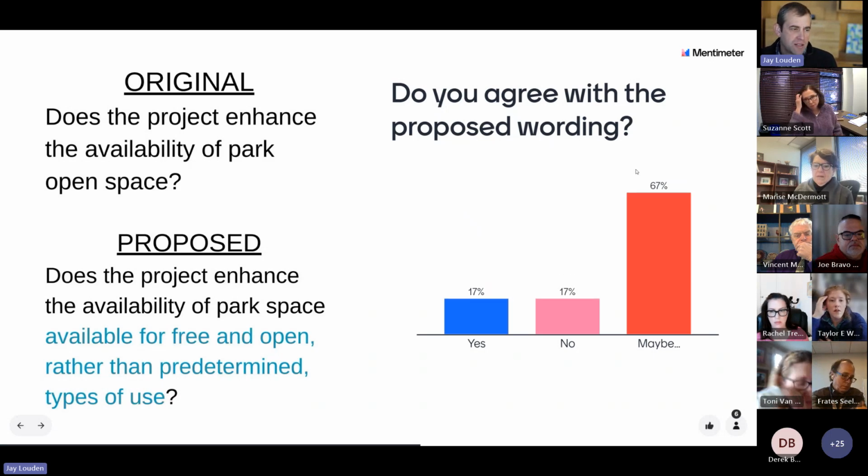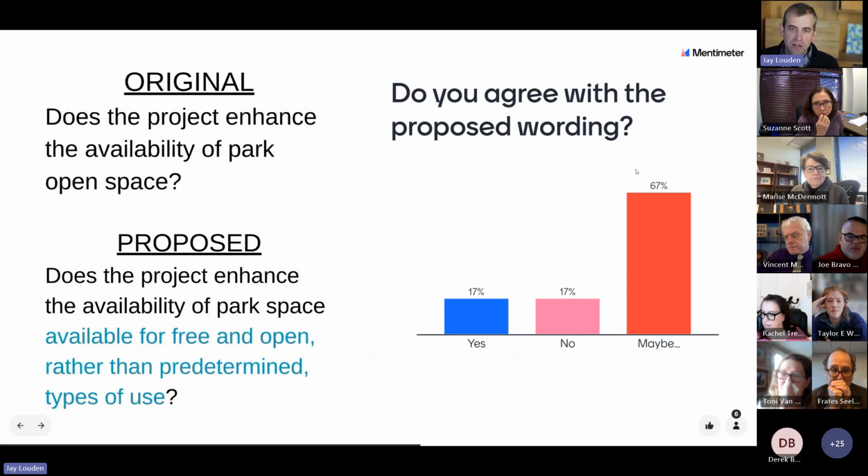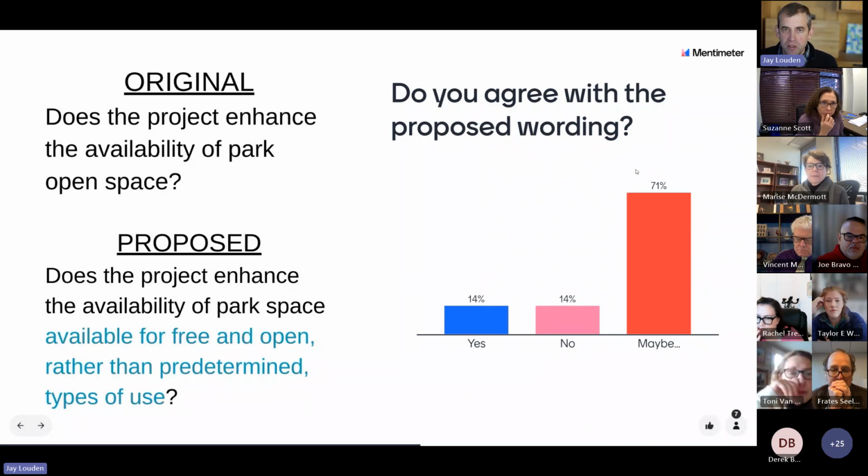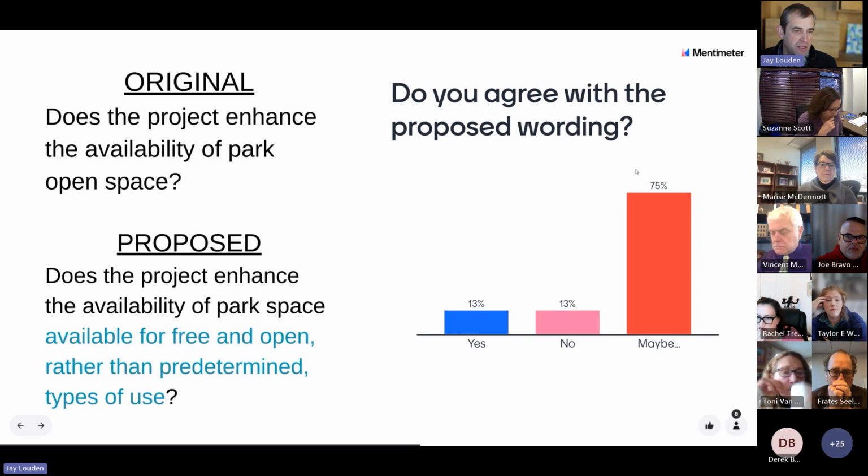And that's not the intent, as I understand it, from when we developed these criteria. Rather, it was space that you could use on your own in a way that you determined, rather than having a predetermined use set for you, like a softball field you use to play softball. Whereas a lot of the areas in the park now, you can have a picnic, you can walk, you can play Frisbee. So I see there's a lot of concern about this one. Let's talk it through.